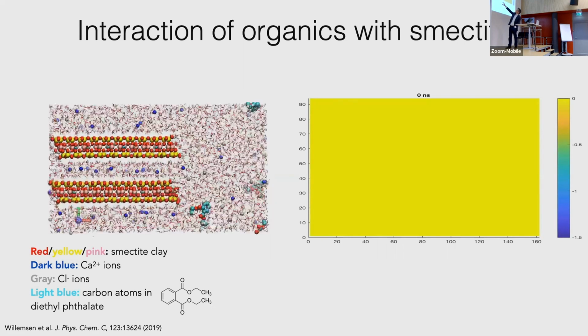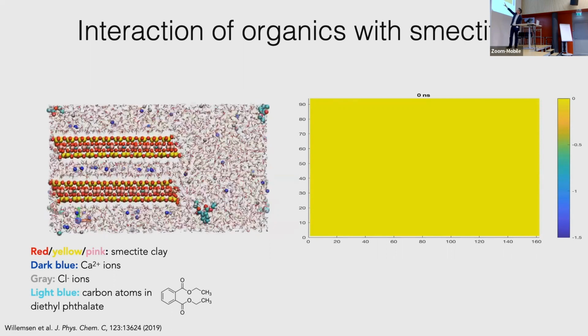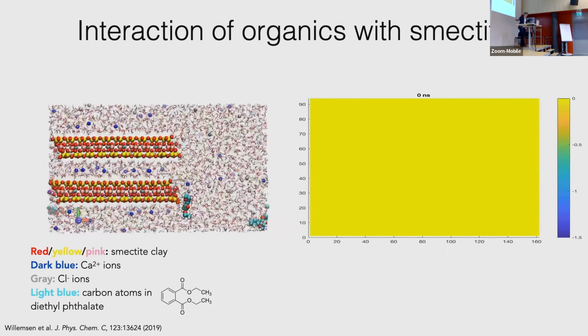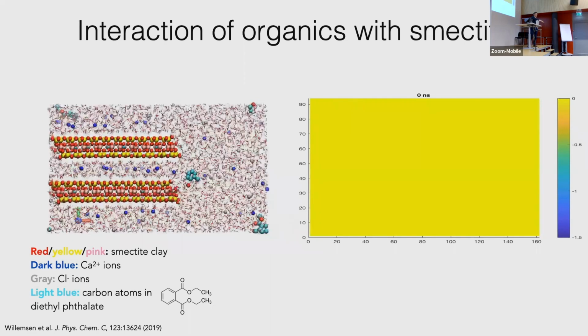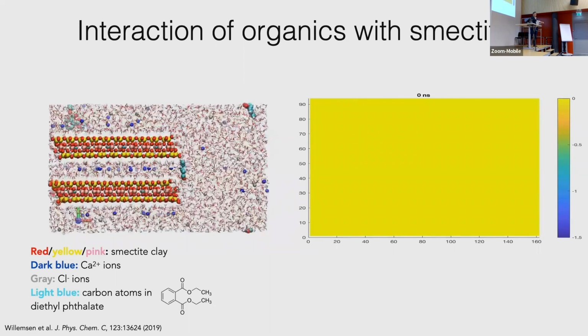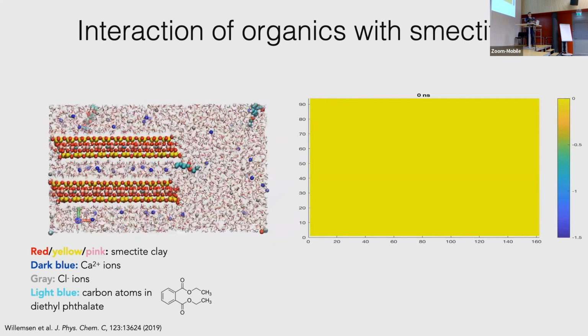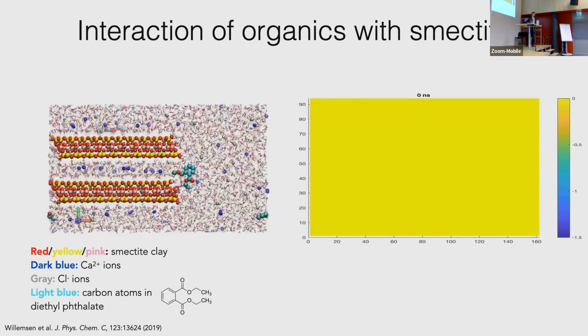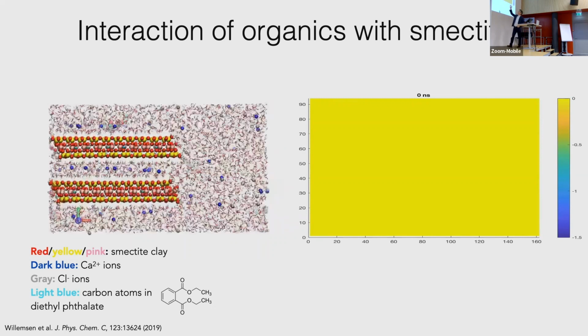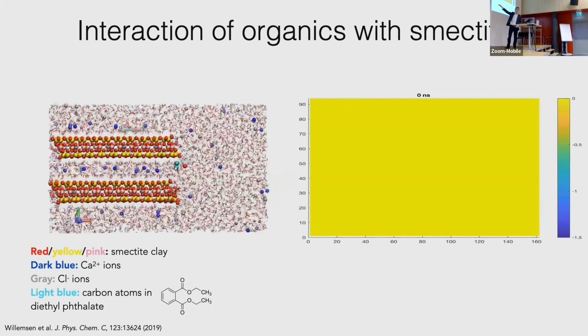And what Jenny found is that if she ran a standard MD simulation, once the phthalate molecules find the clay surface, they just spend the entire simulation on the clay surface. They never detach from the surface, which is annoying because we'd like to know the partitioning, so we need to observe a certain number of attachment and detachment events. It doesn't help us if as soon as they find the surface, they spend the entire time there.